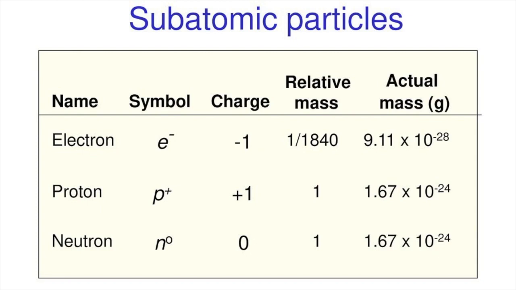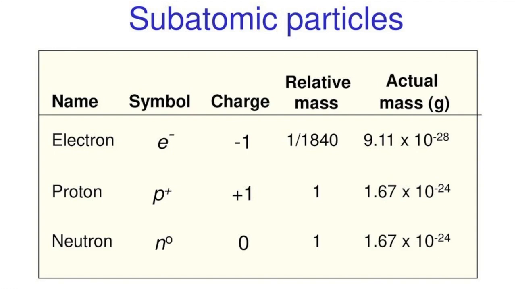That much less weight than a proton and neutron, and its actual mass is 9.11 into 10 power minus 28 grams. Similarly for the proton, which is represented P plus, charge plus 1 and relative mass 1, and actual mass is 1.67 into 10 to the power of minus 24.